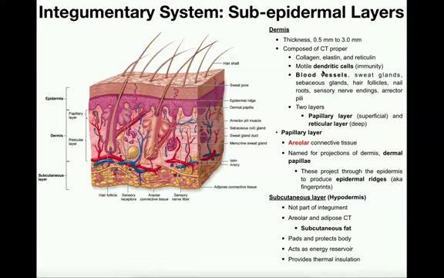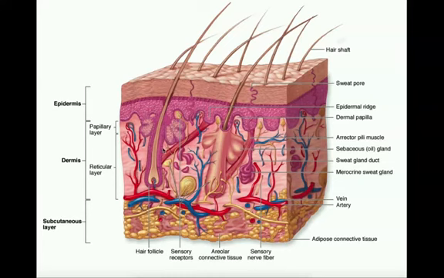And as I mentioned, the dermis is rich with blood vessels, sweat glands, sebaceous glands, hair follicles, nail roots if we're in an area that has fingernails or toenails, sensory nerve endings, and muscles called erector pili, which are muscles that cause the hair to stand on end, which is what happens when you get goosebumps. So let's zoom in on this to take a better look.